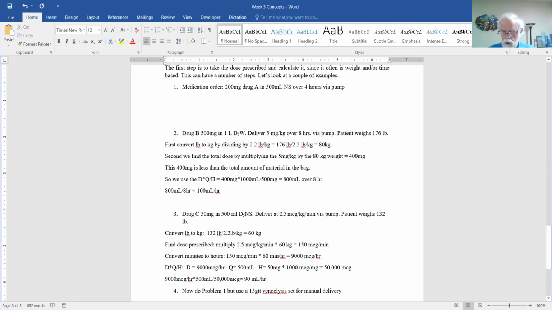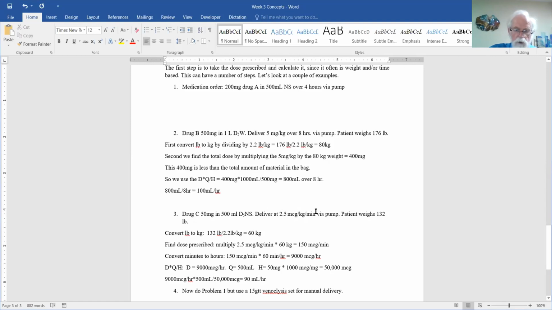So it's a little more complicated, only because there are just more steps. But the real key to solving these kinds of problems is to dissect the question, okay? The first thing we have to do is look at the rate of delivery.